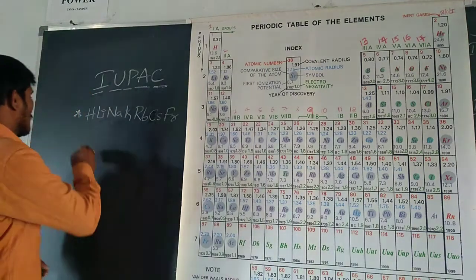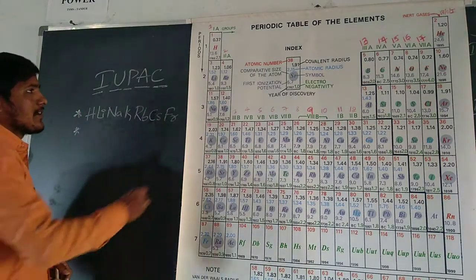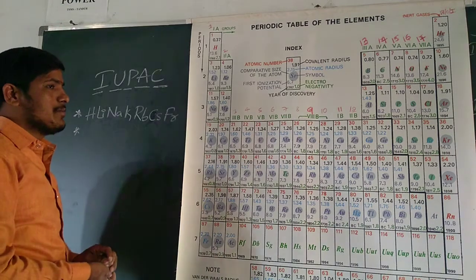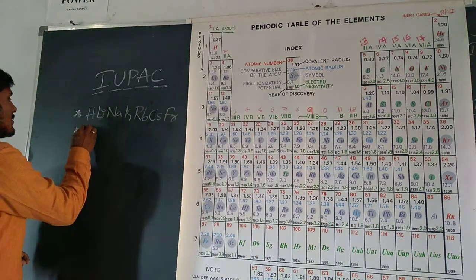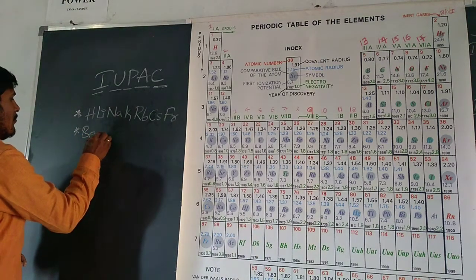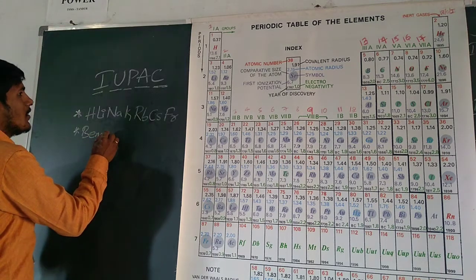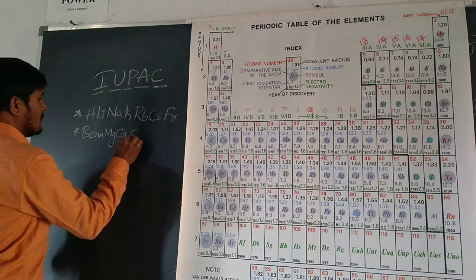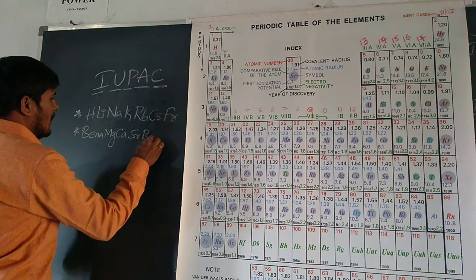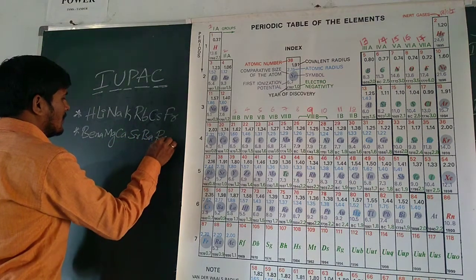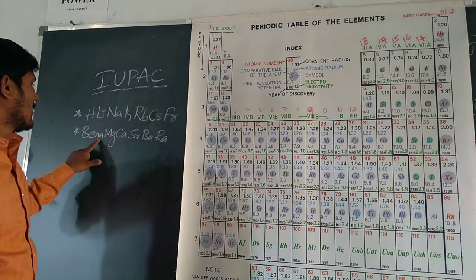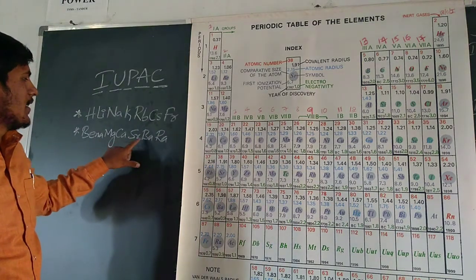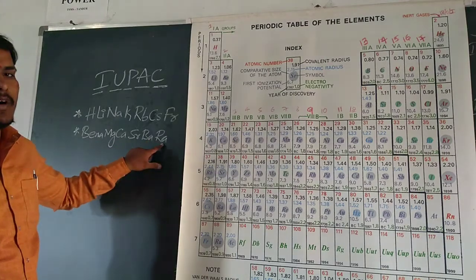And next, the second A group elements. How will they be remembered? Beena, Mango ka Strawberry bana rahi.